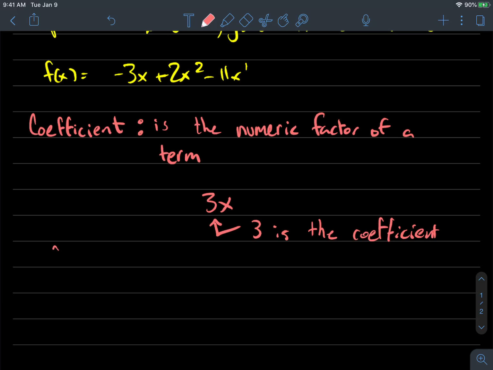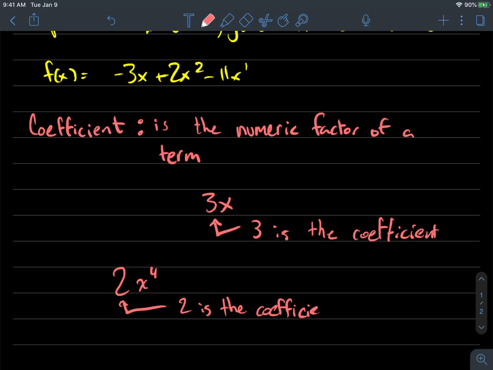Let's say you have 2x squared, or 2x to the fourth. 2 is the coefficient.